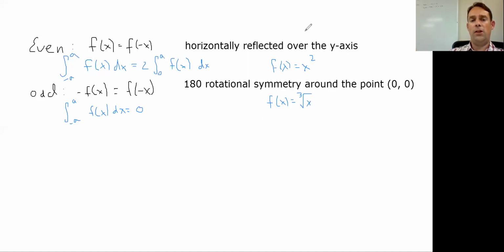If we're trying to figure out why this works, if it's symmetrical over the y-axis, that means this area right here is going to be the same as this area right here, which is why we only have to go from 0 to that letter.